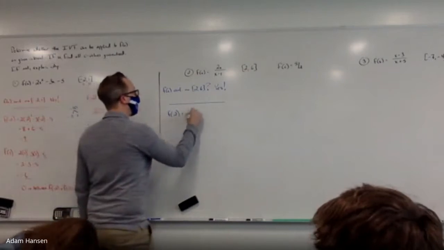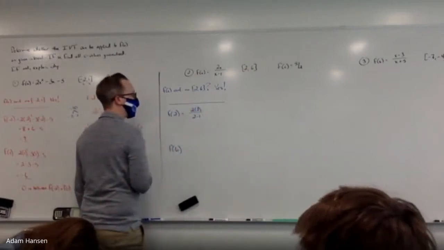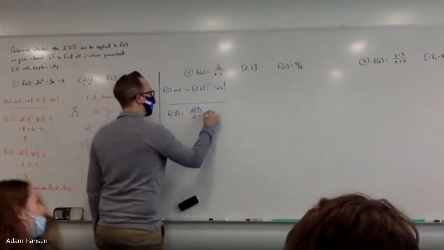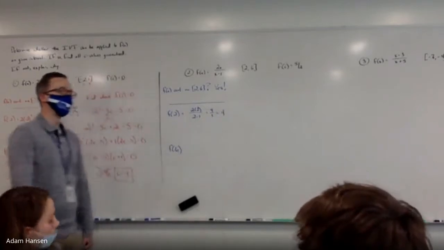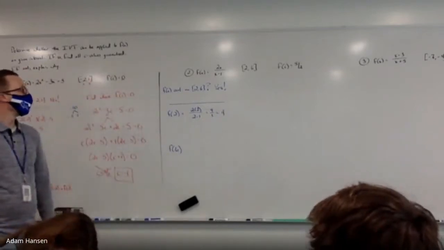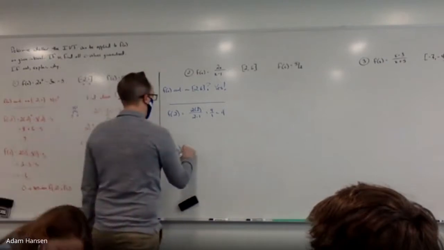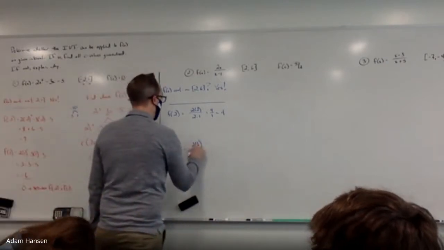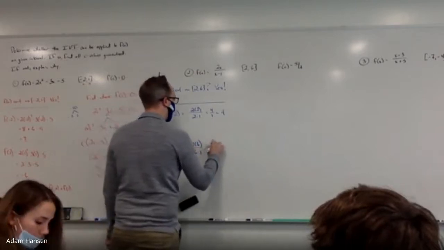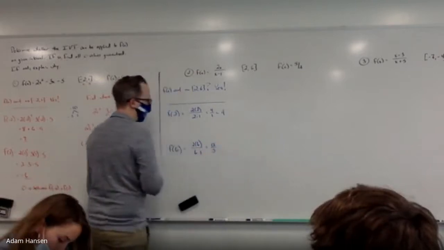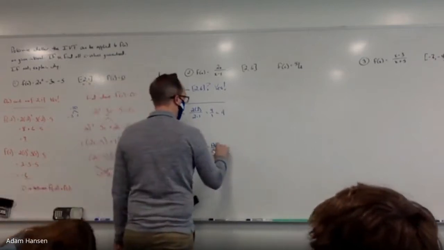So this is going to be 2 times 2 over 2 minus 1. That's 4 divided by 1, which is 4. Let's find what f of 6 is. That's 2 times 6 divided by 6 minus 1, so that would be 12/5. That's 2 2/5, or 2.4.